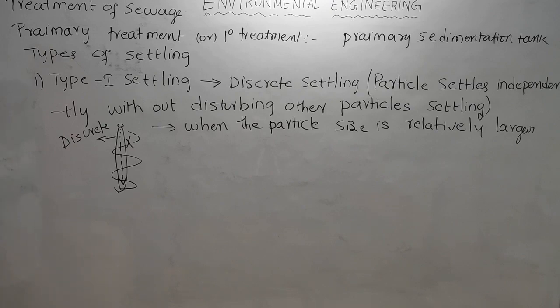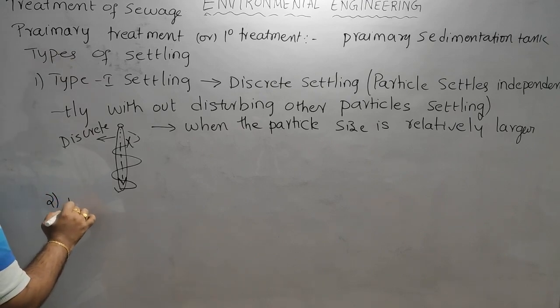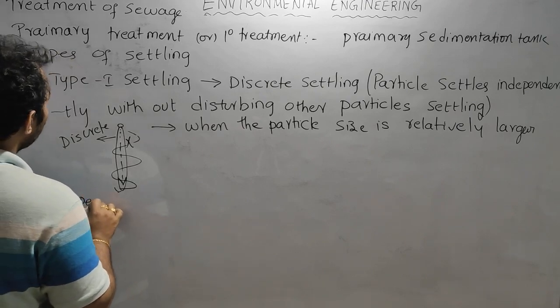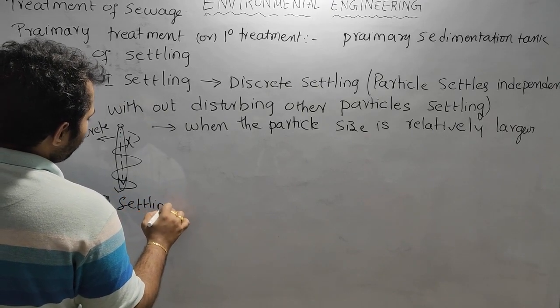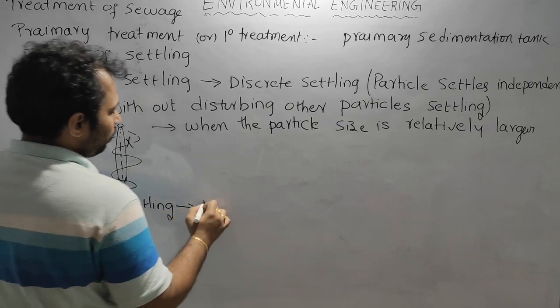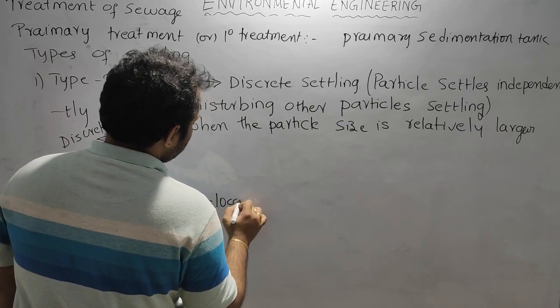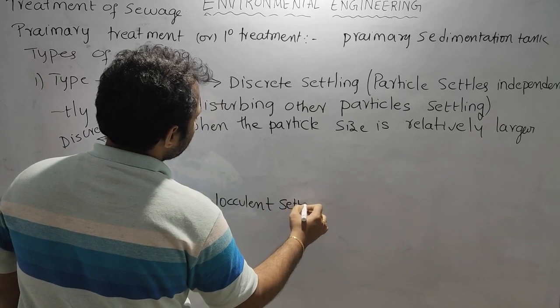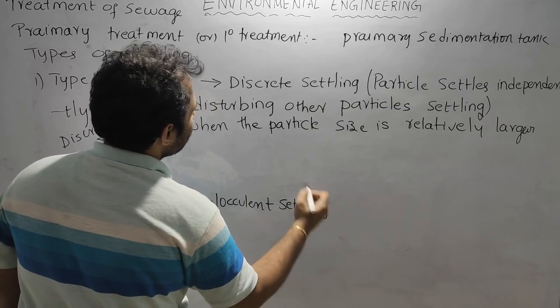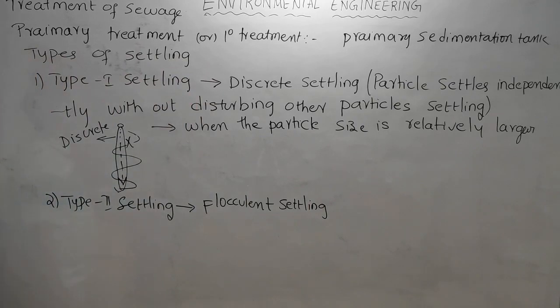Next is type 2 settling, that is flocculent settling. Flocculent settling means there will be a flock.